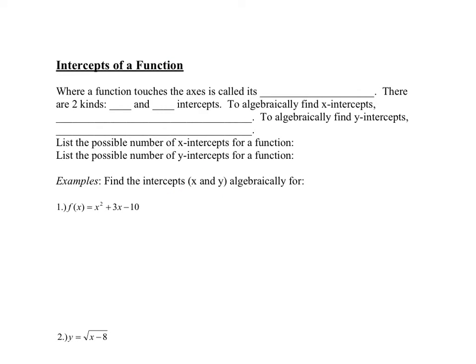We're now looking at finding the intercepts of a function. So, where a function touches the axes is called its intercepts. And there are two kinds. We have an x and a y intercept.